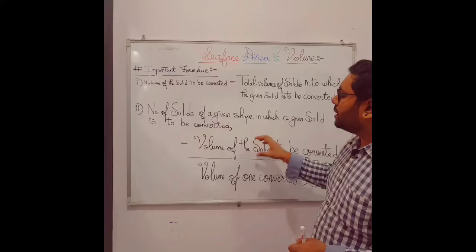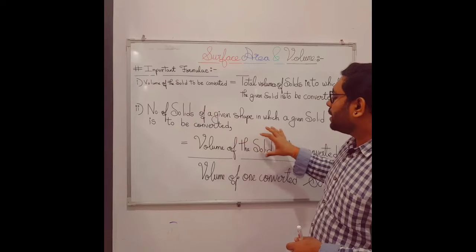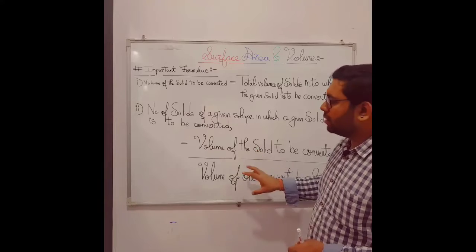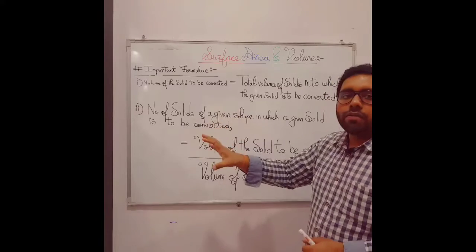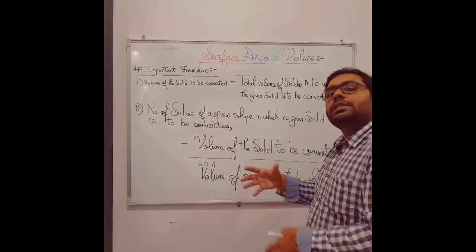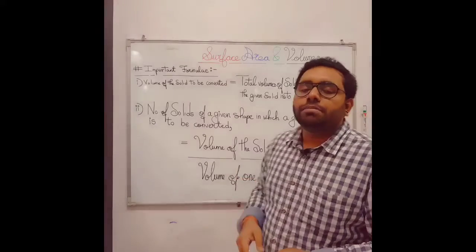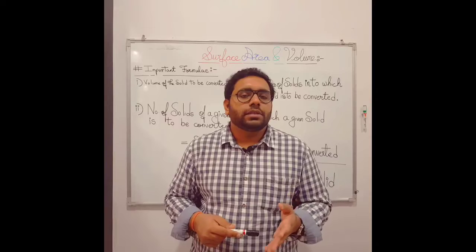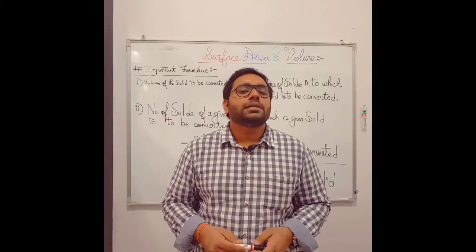If you divide the volume of the bigger object by the volume of only one smaller object, you will get the number of objects into which it is converted. So these are the two important formulas which you need to know for solving type 2 questions. We'll be seeing some examples based on that.